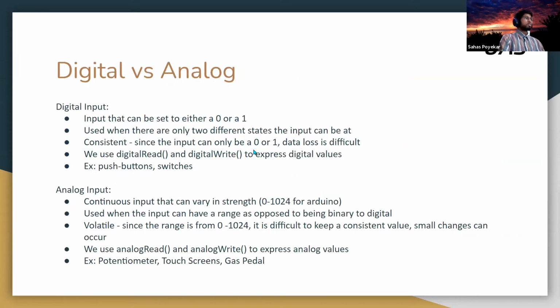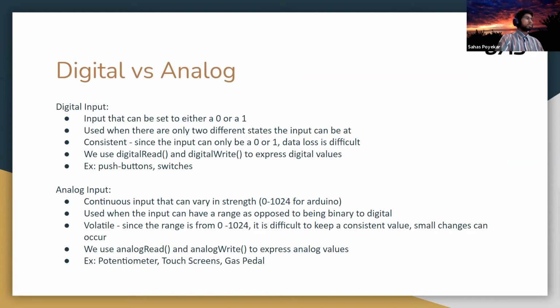This moves into the idea of digital input versus analog input, or digital input/output and analog input/output. So what is digital input or output? Digital input or output can be set to two different states, a 0 value or a 1 value, 0 being low and 1 being high.